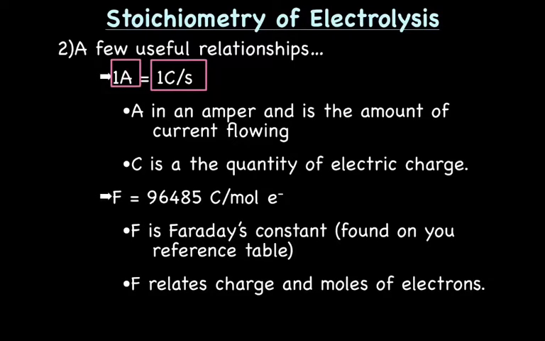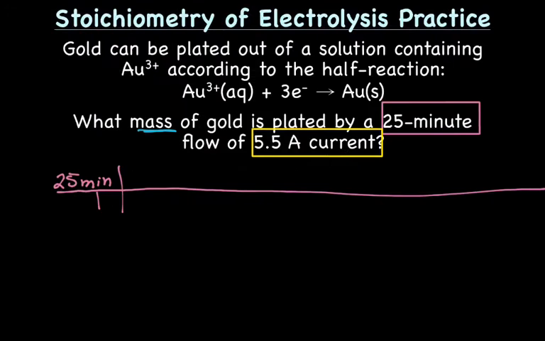So if we can get to seconds, we'll be able to cross it out when we start trying to cross out our 5.5 amps. All right, so 25 minutes. Well, I know that 1 minute is 60 seconds. So I've now crossed out my minutes. And I'm at seconds, which can be useful in a few.